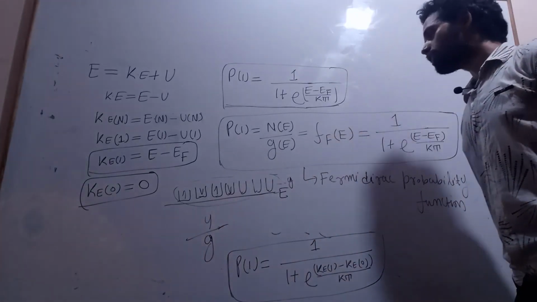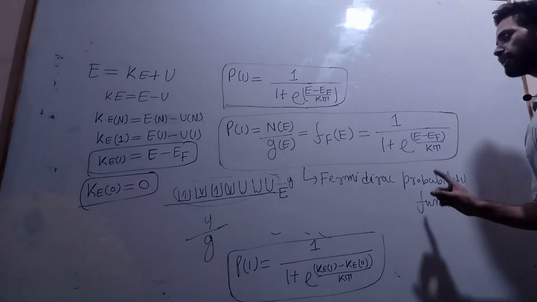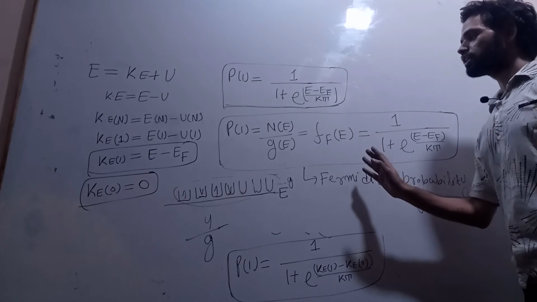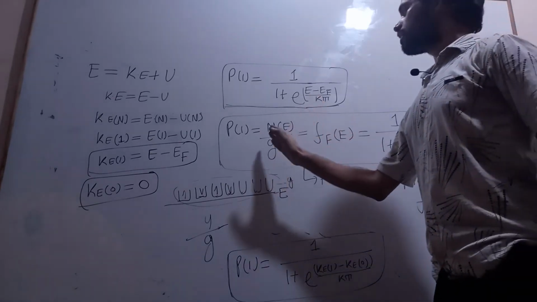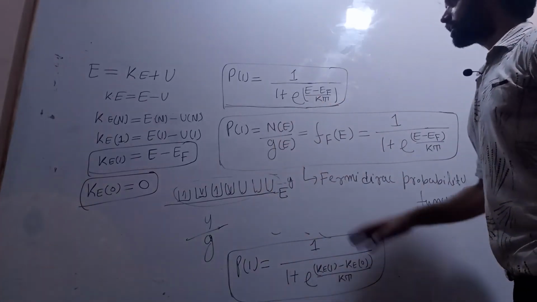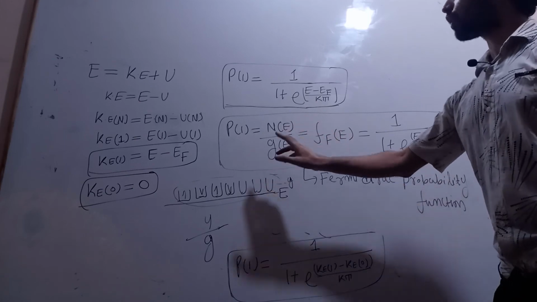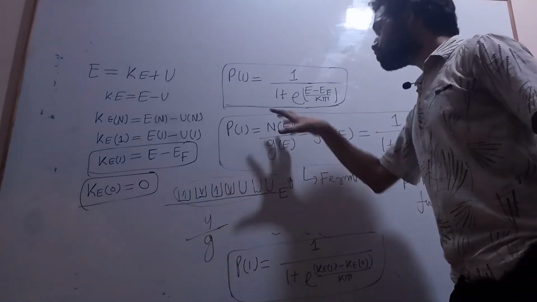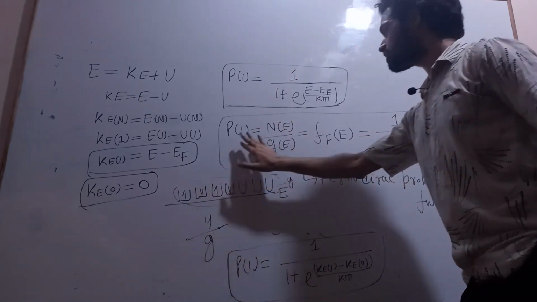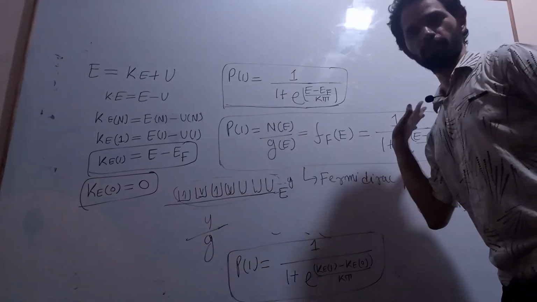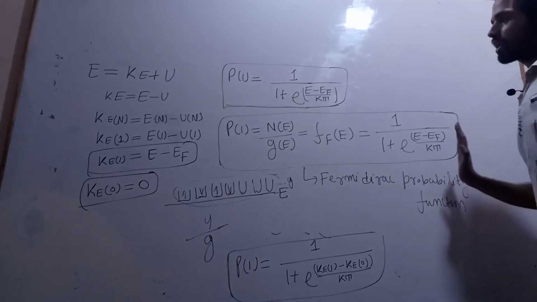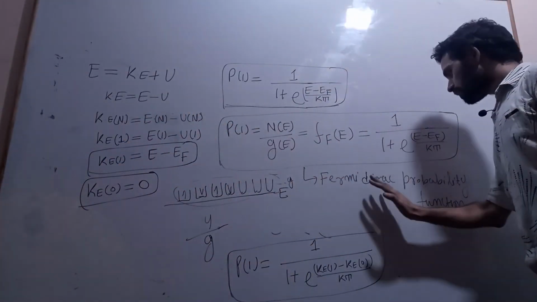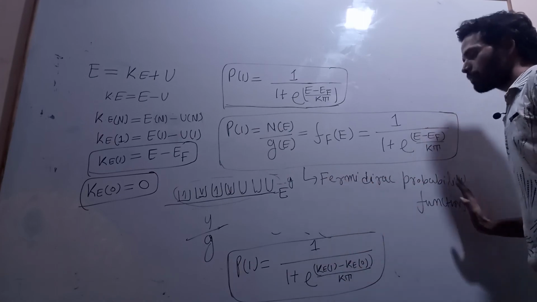Or another way, it is defined as the ratio of the number of quantum states occupied by electrons out of the total number of quantum states present in energy level E. This is just the definition of the Fermi Dirac probability function.